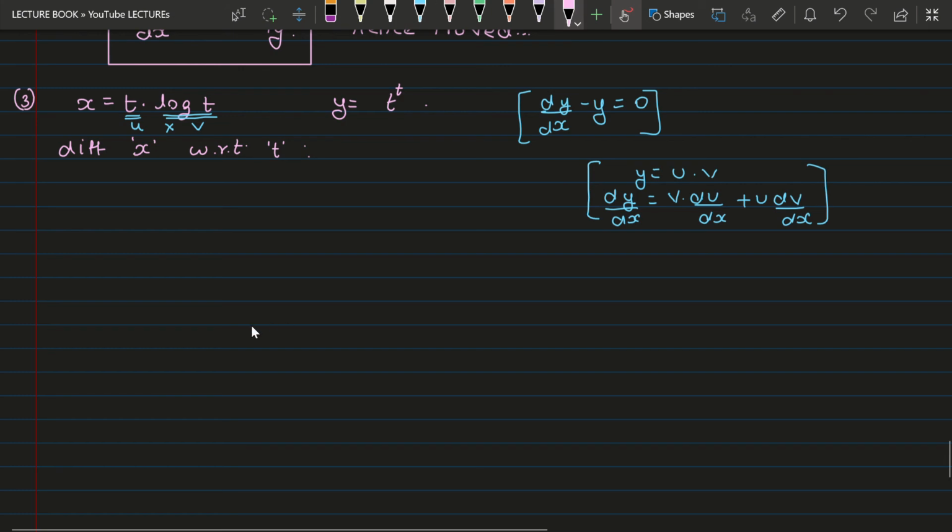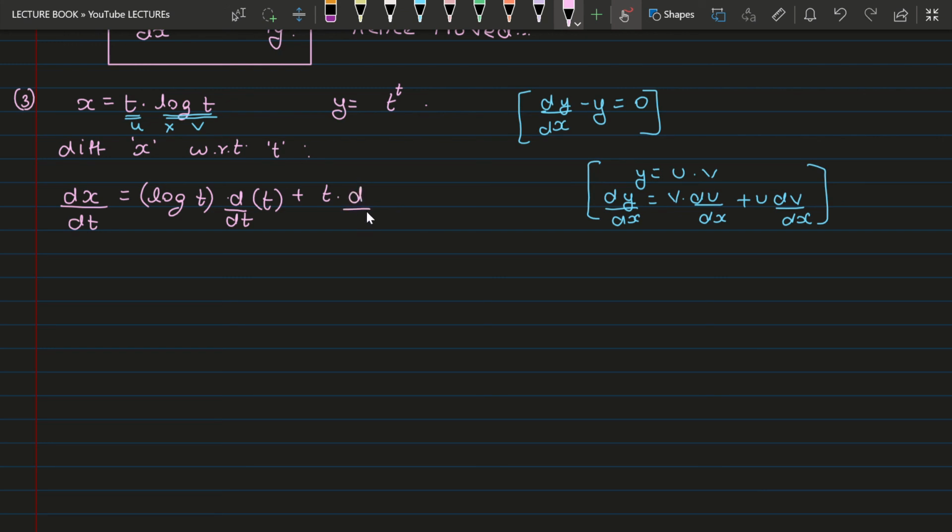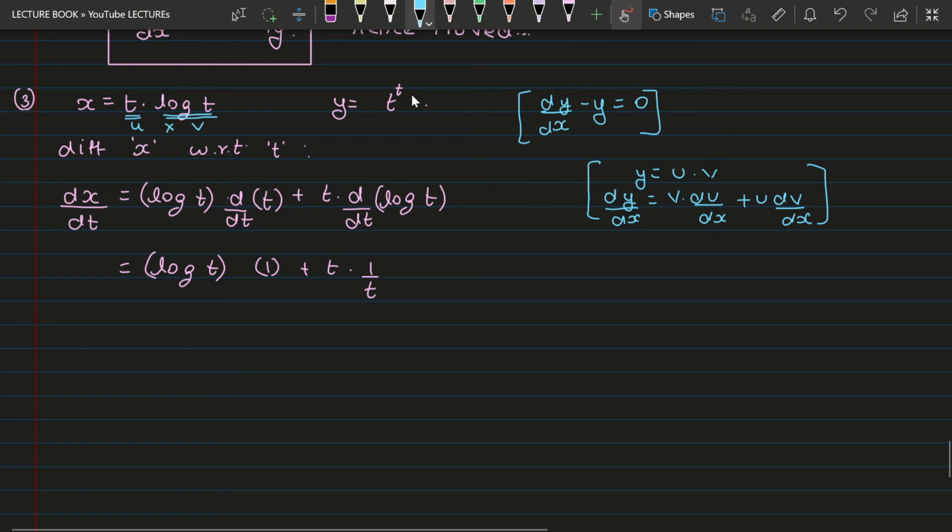So dx upon dt is equal to log t multiplied by derivative of t plus t multiplied by derivative of log t. So over here this becomes log t into 1 plus t into 1 by t.